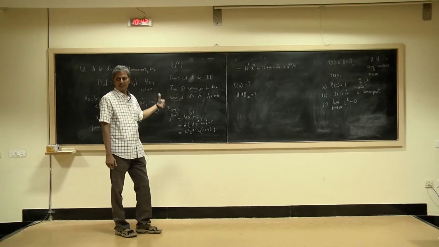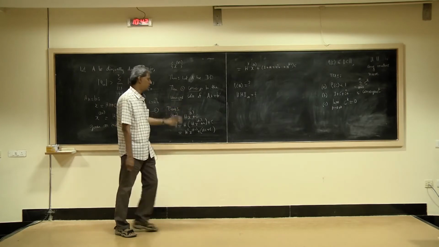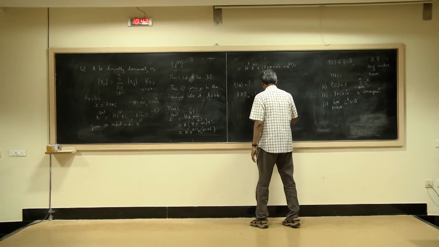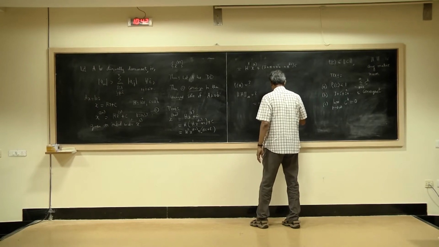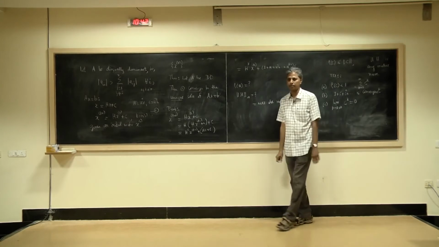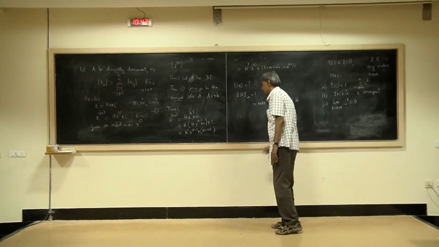Now let's calculate the infinity norm of H. The infinity norm of H, we know, is the maximum absolute row sum of H. That's what I need to compute.